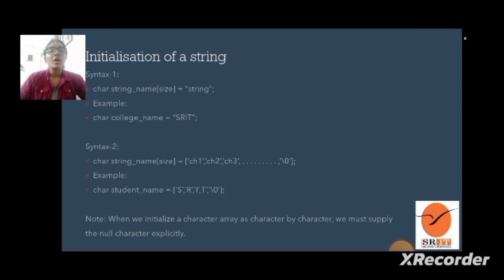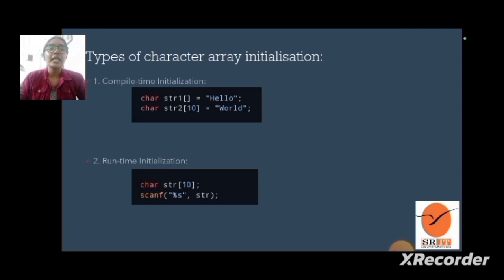If you are filling with single quotes, then you have to explicitly mention \0 so that the compiler gets to know. With double quotes, the compiler automatically knows the end of the string. When we initialize a character array character by character, we must supply the null character explicitly, as I have said just now. Types of character array initialization are of two types: compile time initialization and runtime initialization.